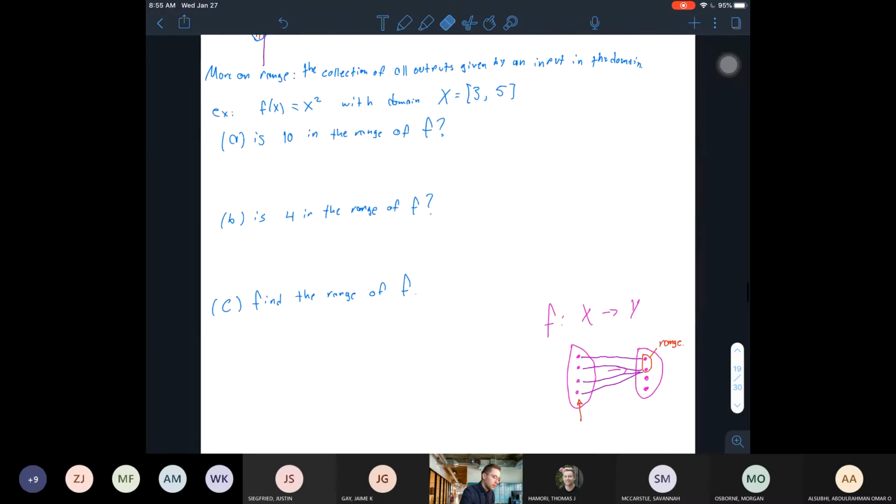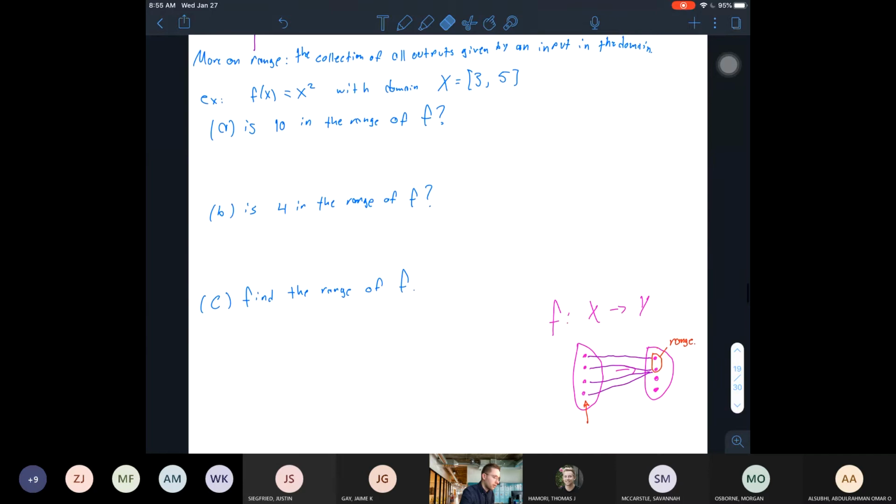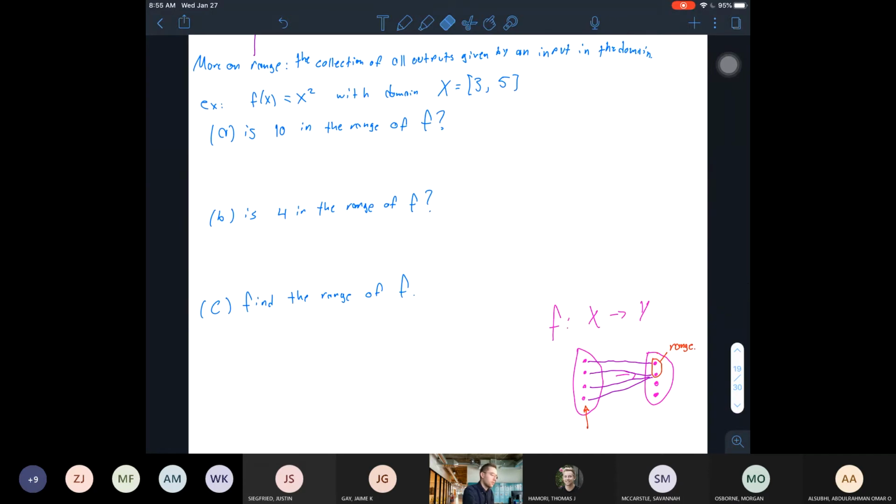All right. So before we move on to part C and actually compute the range of f, let's just deal with these first 2 parts, which are a little bit more manageable. We want to find out, is 10 in the range of f and is 4 in the range of f?